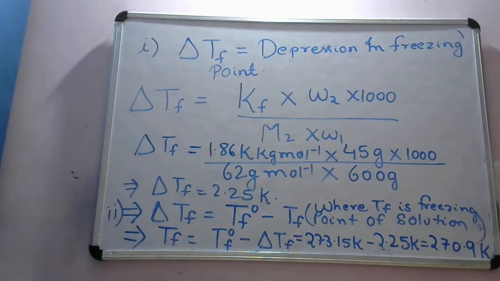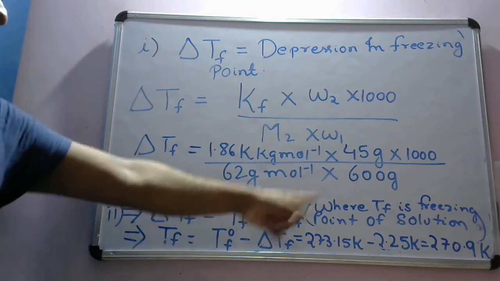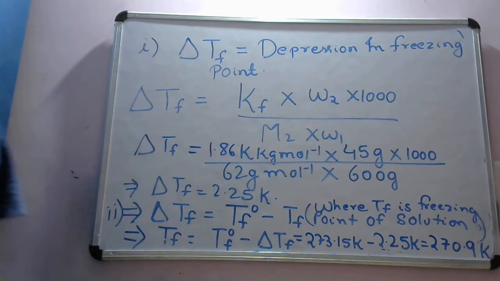Okay, so we got the value. Freezing point of solution TF we calculated, second bit. First bit was depression in freezing point. Complete this, then we will go for the next question again on depression in freezing point.